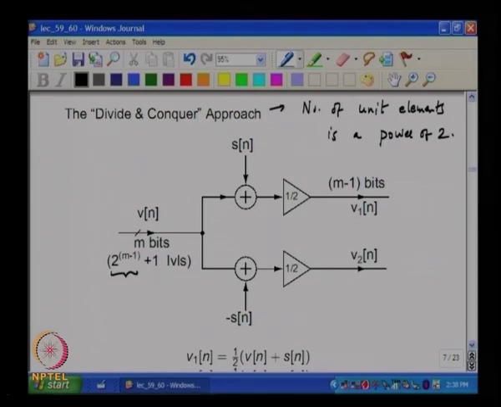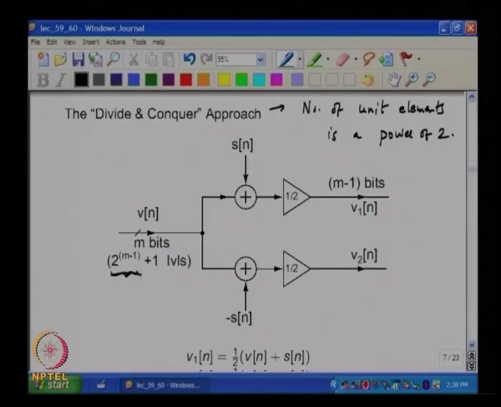Okay. So, if the number of unit elements is a power of 2, the number of levels must be, I mean of course it must be an integer, right. If the number of unit elements is a power of 2, how many levels must we have? A power of 2 plus 1.